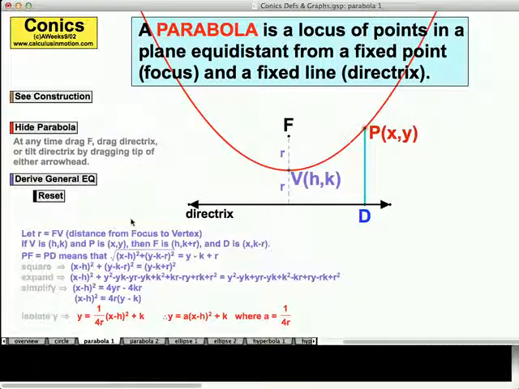Now, deriving the general equation, they've got all sorts of interesting stuff. So they have these 2 values. Actually, that value r we'll refer to as the value p later on, lowercase p. But they've got the vertex, they've got a point, and they end up working their equation and getting a form of a parabola.